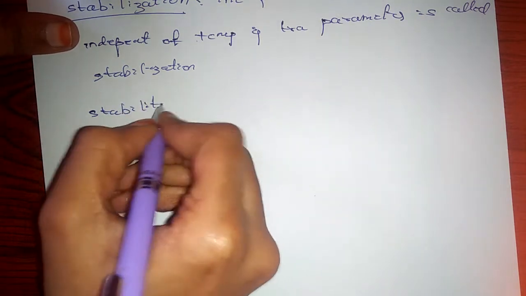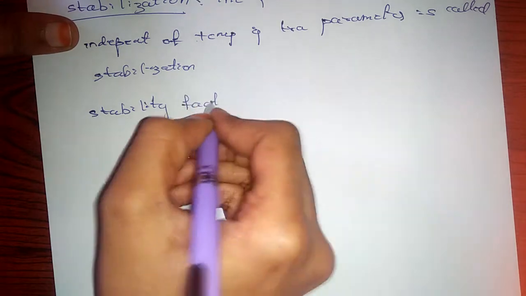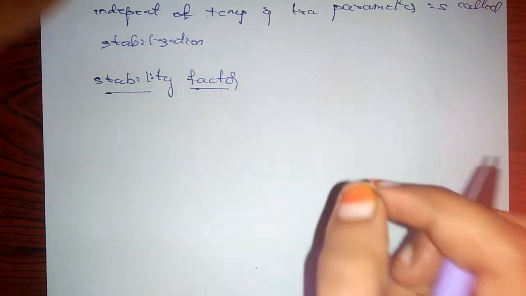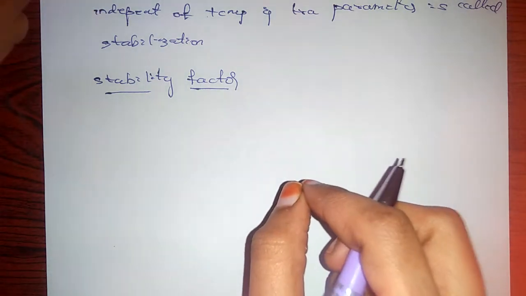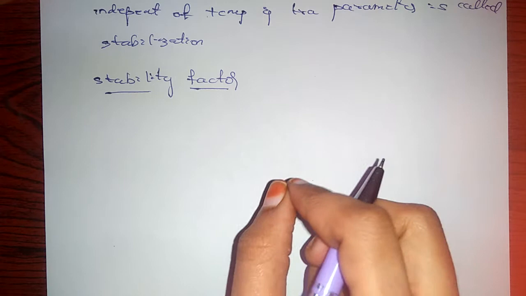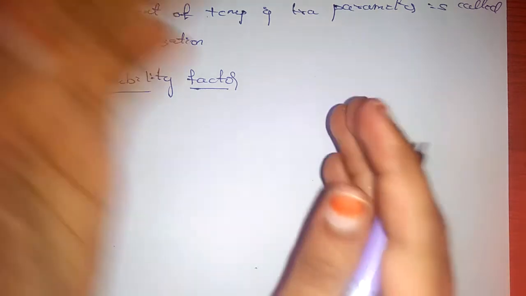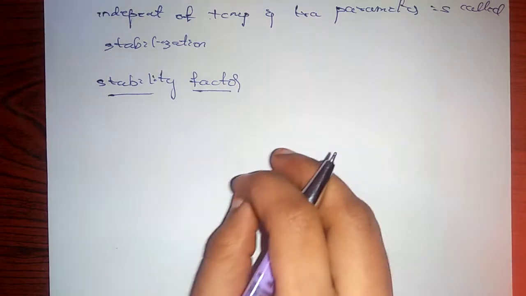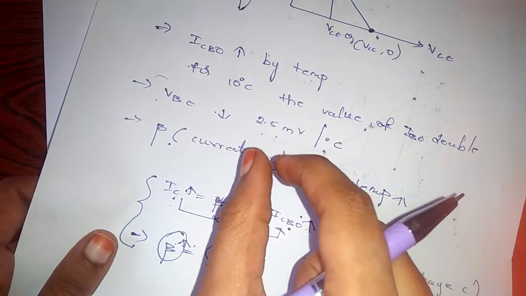stability factor. It is nothing but the rate of change of collector current with respect to collector leakage current at constant beta and VBE. So we have to keep beta and VBE constant.